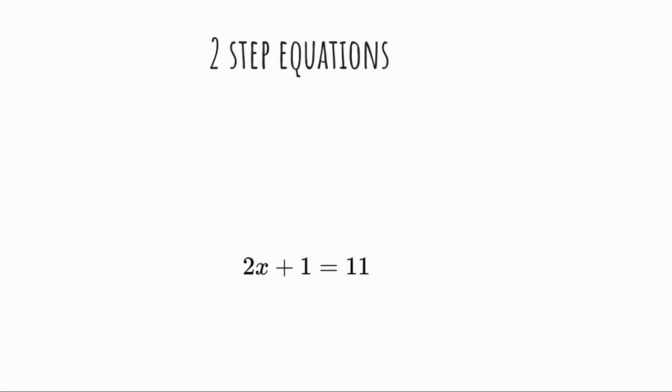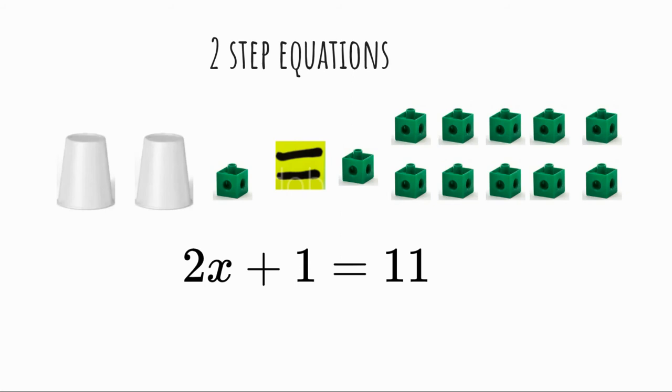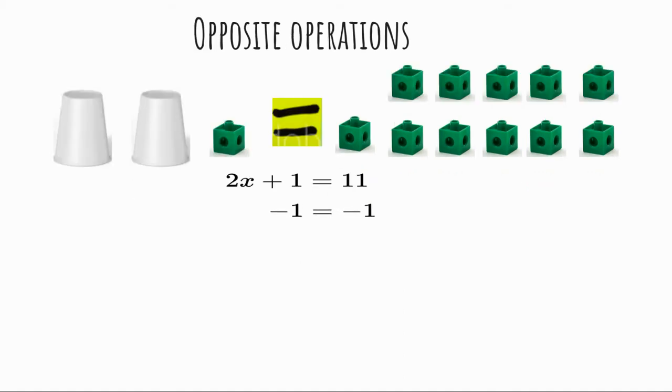Then we have two-step equations like this one. And we had a very interesting methodology that is a good metaphor using our cups and our blocks. What we did in this case was we gradually isolated the variable on one side by doing opposite operations.